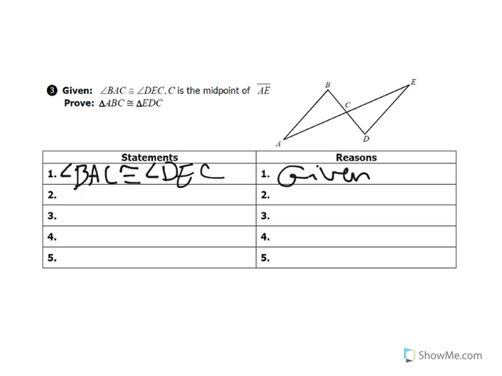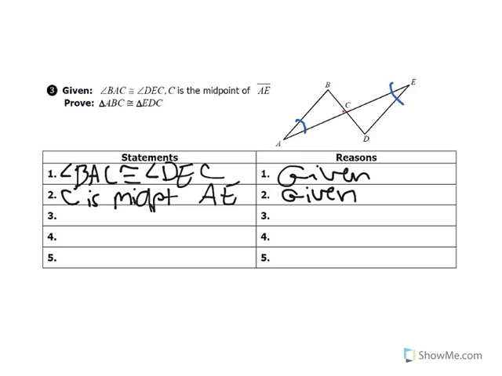I'm going to put that in the picture. So angle BAC would be here, and angle DEC up here. And then the other part of the given, C is the midpoint of AE. Also given. And then I'm going to put that in the picture too.